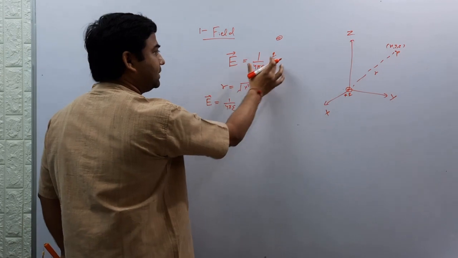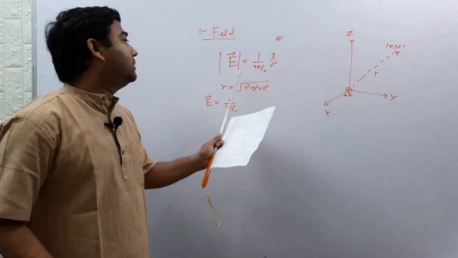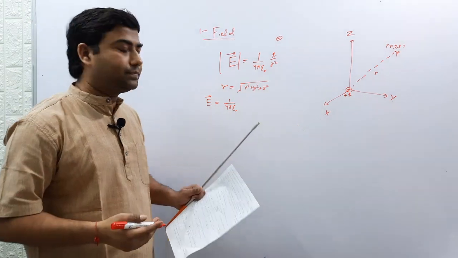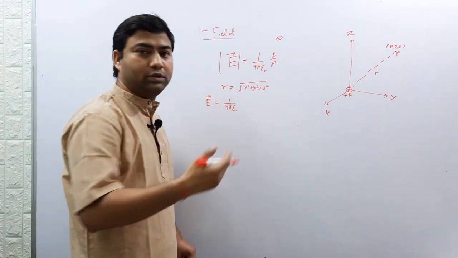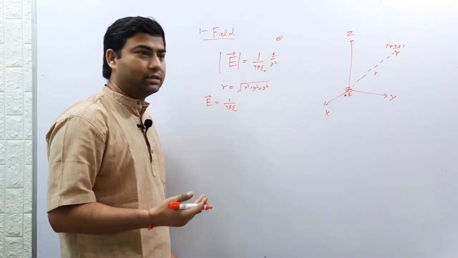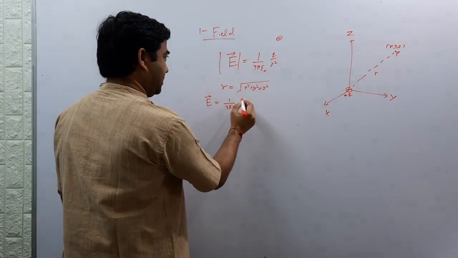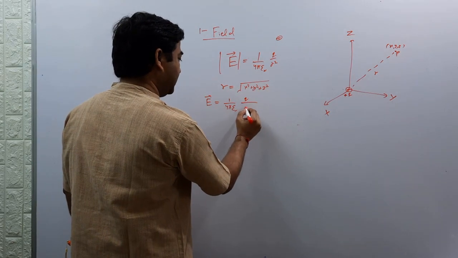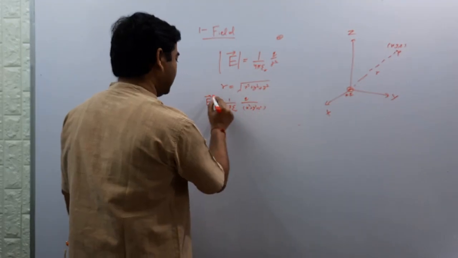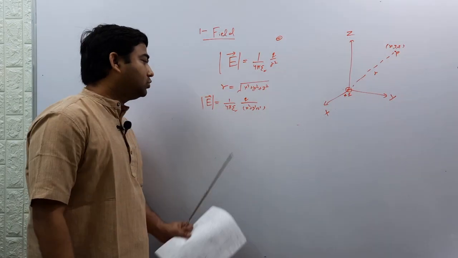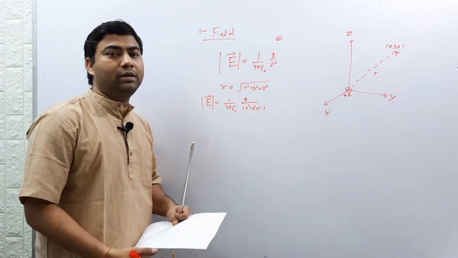Here E is a vector, but we have just written the modulus, the magnitude of E, so the function will include both magnitude as well as direction. That is the magnitude of electric field at point x comma y comma z.